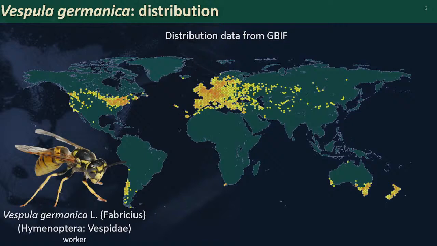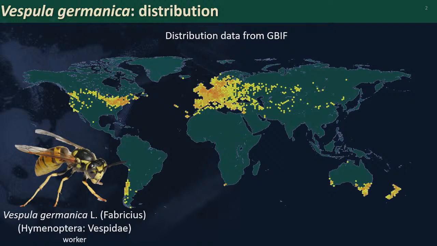So Vespula germanica comes from the Palearctic region, mostly in Europe, but has already invaded a lot of different countries: USA, Canada, Argentina and Chile, also Australia, New Zealand, and recently South Africa. The species is really invasive because of its diet.